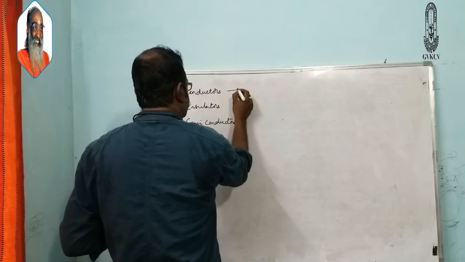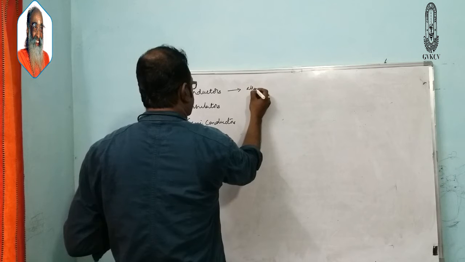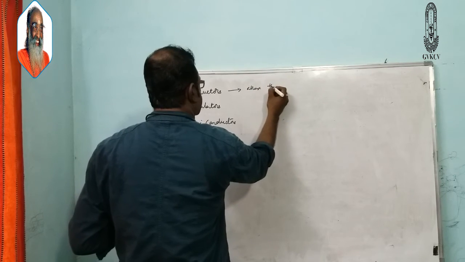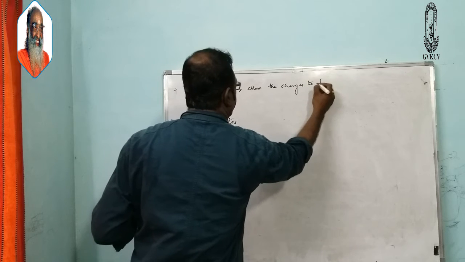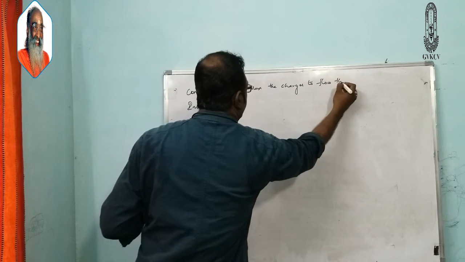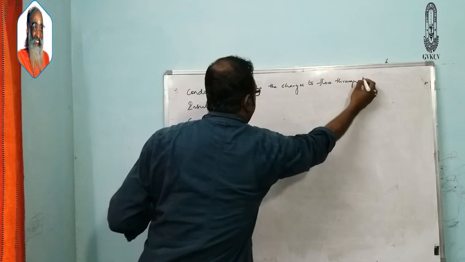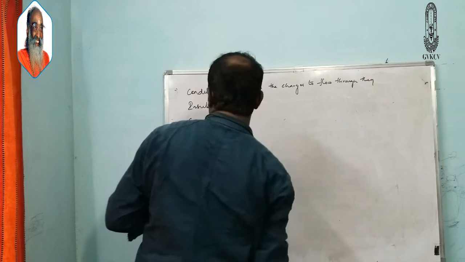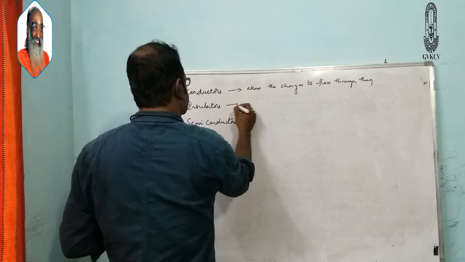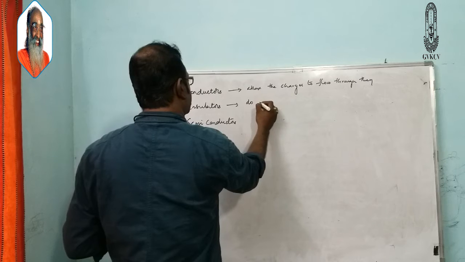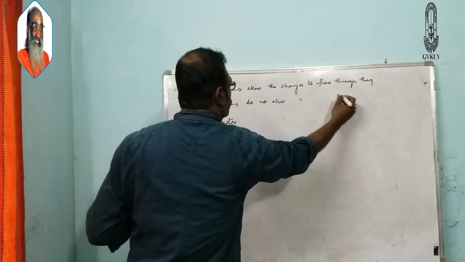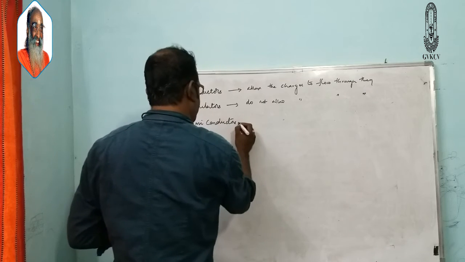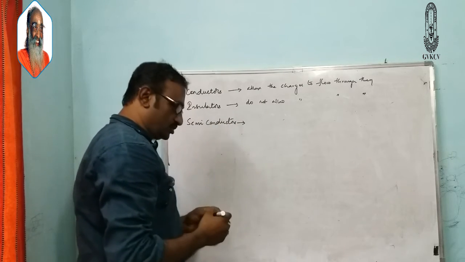As you know the definition very well, conductors allow the charges to flow through them. Insulators do not allow the charges to flow through them. What are semiconductors?